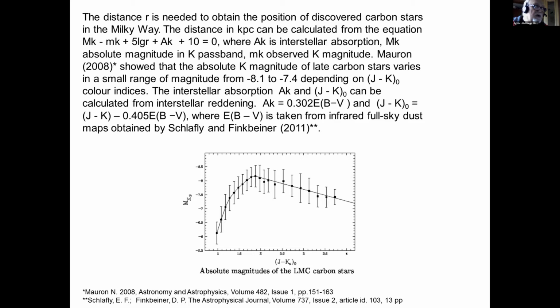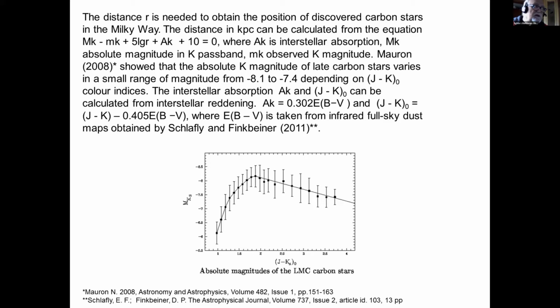Mauron studied the carbon stars in the Large Magellanic Cloud, and he showed that carbon stars have a distribution in the Large Magellanic Cloud, and late carbon stars, as we see, have absolute magnitudes varying in a very small interval, depending on the G minus K color index.